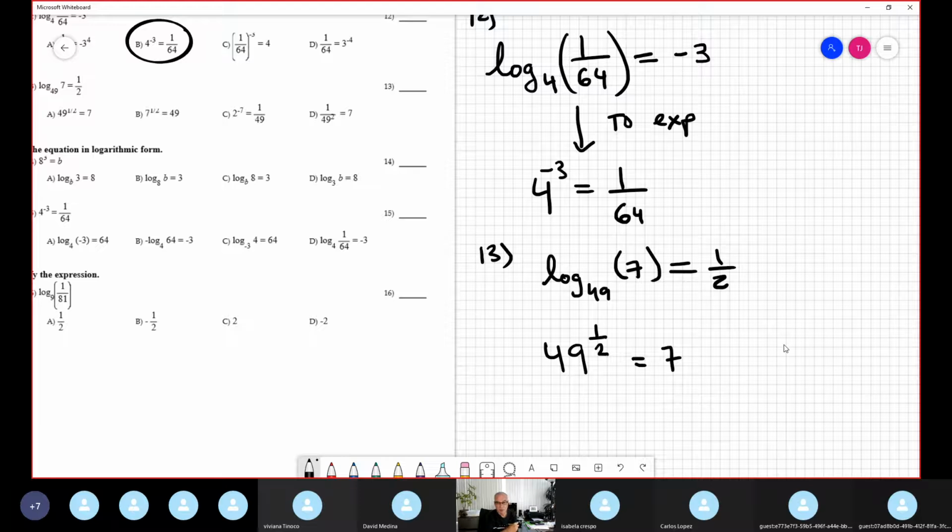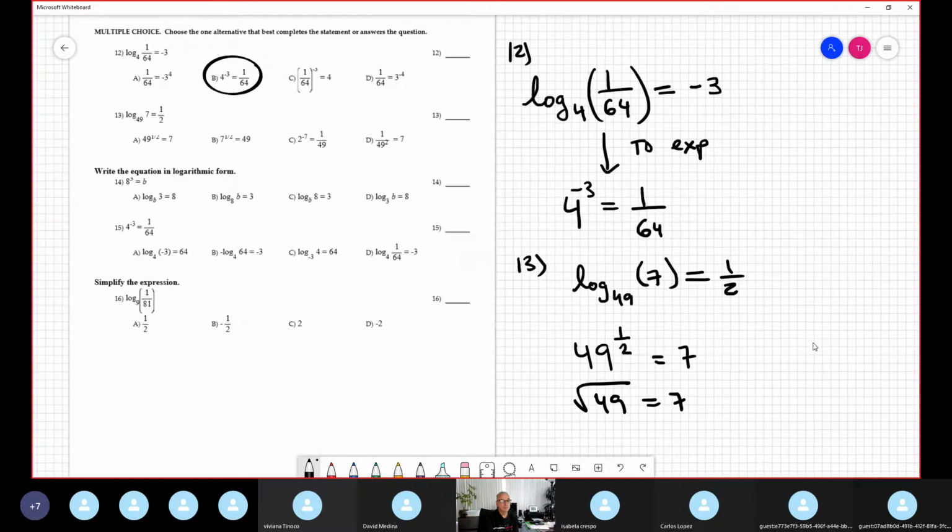And remember, raised to the fraction exponent is equivalent to the square root of 49, and this is super good. It's very understandable. Clear? Yes. Clear. Now 14 and 15 are Bauer.